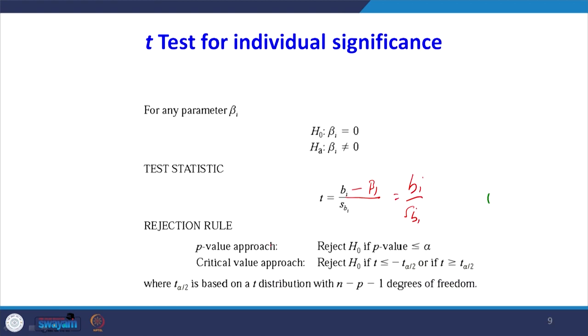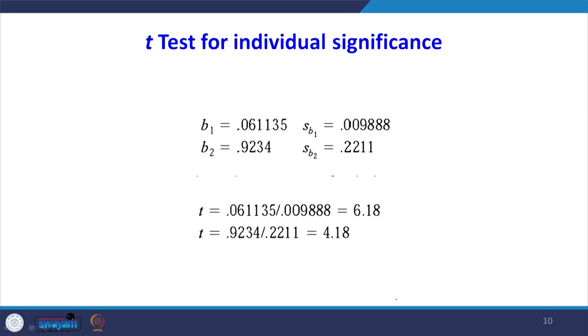We can get that value from here. For the p value approach, reject H naught if the p value is less than or equal to alpha as usual. For the critical value approach, reject H naught if the t value is below the lower tail or above the upper tail. Here t alpha by 2 is based on the t distribution with n minus p minus 1 degrees of freedom. Okay, we will do that one.